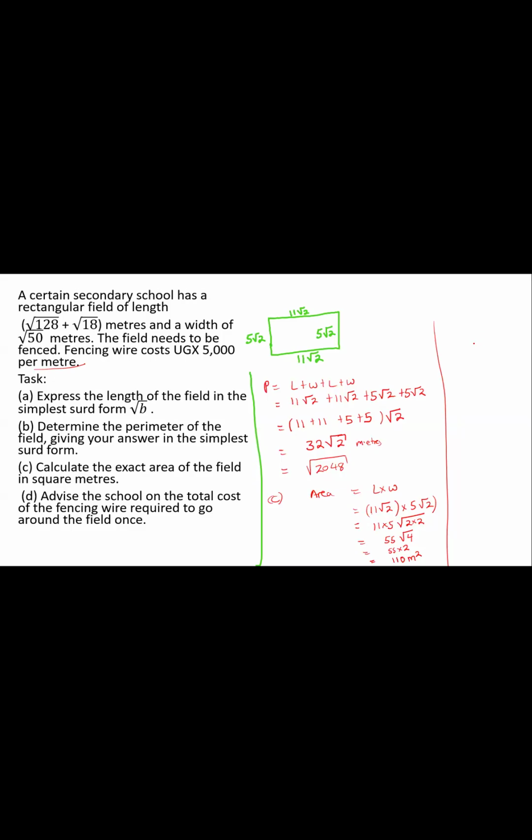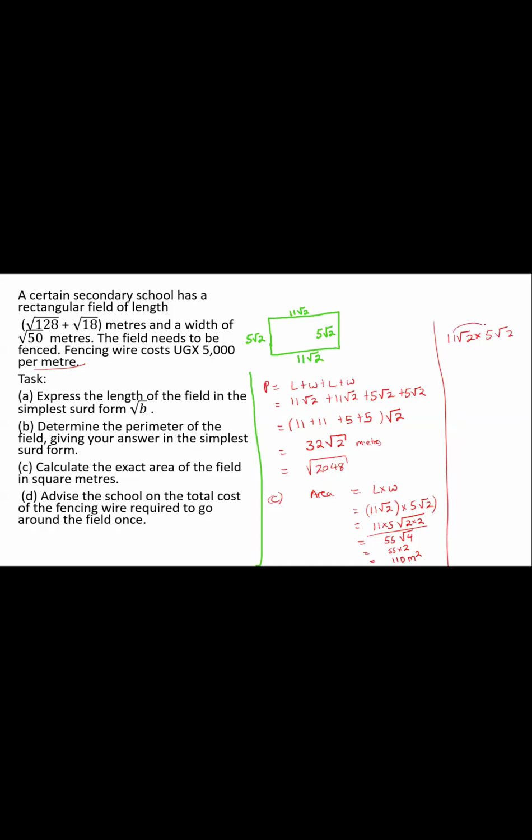Excuse me, could you please help work out the area, with you opening the brackets, like I have opened them here. Remember, you had 11 root of 2 times 5 root of 2. This is multiplication.